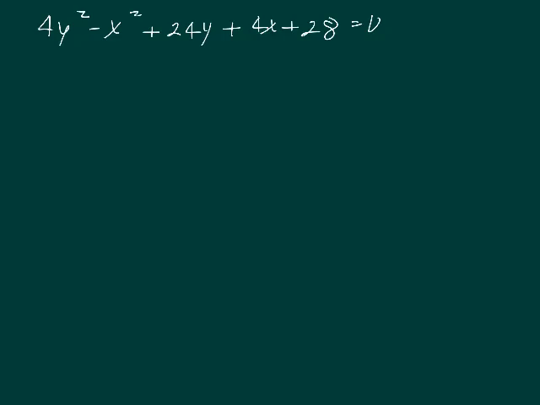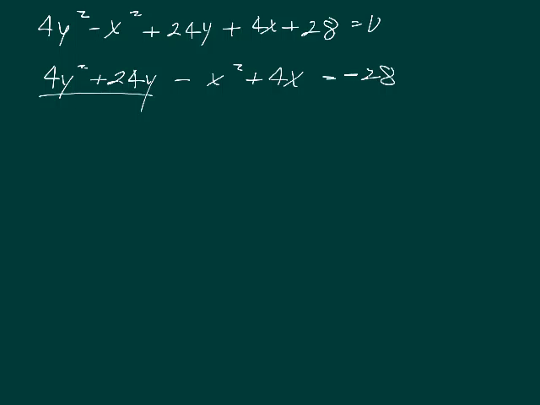We're going to take this and rewrite it. So we're going to make it 4y squared plus 24y minus x squared plus 4x, and then we'll put our 28 on the other side there. And that's going to turn into a 1 eventually. Now let's look at this.